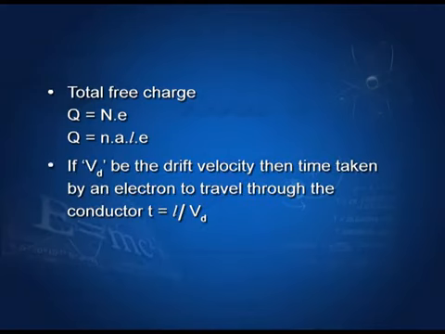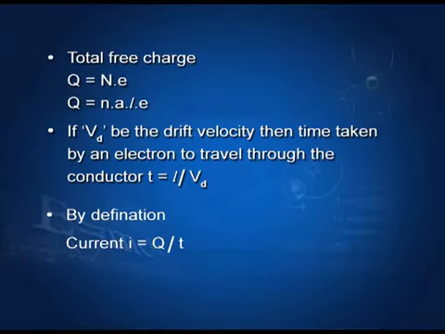As a result, we get Q equals nALe. If Vd be the drift velocity, then the time taken by an electron to travel through the conductor, t equals L upon Vd. So by definition, we get current I equals Q upon t. Substituting the values, we get I equals nAeVd.